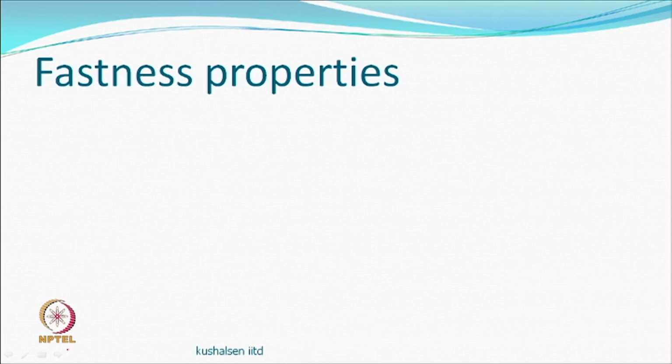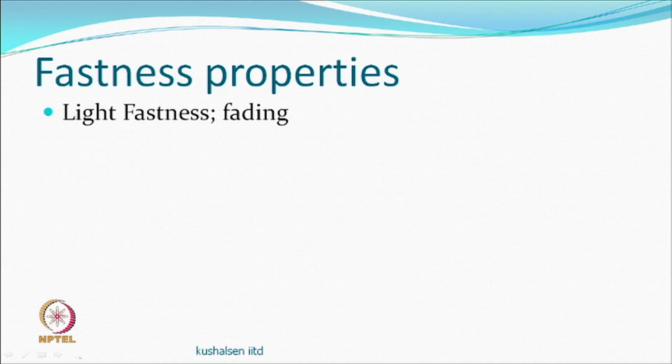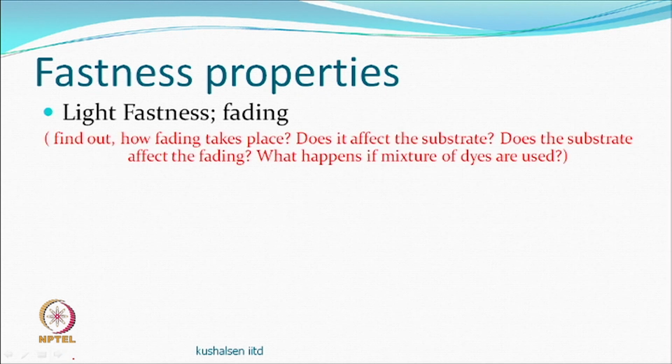So, you will have to depend a lot on the data sheet of the manufacturer and then select the mixtures, and not arbitrarily because a particular one gives such a beautiful shade, let me use it. Later results will not be so nice. So, we are just saying the same thing.